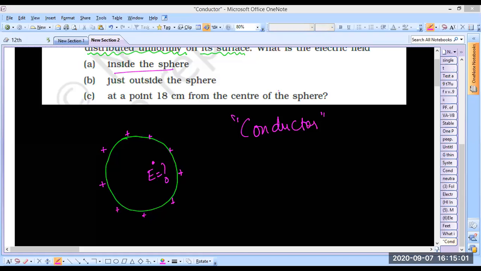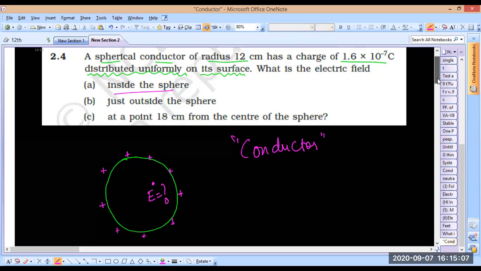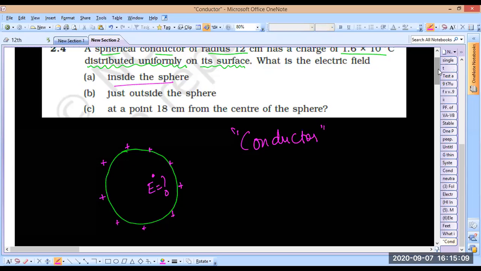Okay, I think that's good enough. 0, right? Because this is a conductor, you don't have to worry about anything, right? We have also studied this in first chapter, right? Okay, this whole question is actually from the first chapter because at every point they're asking for electric field, right?